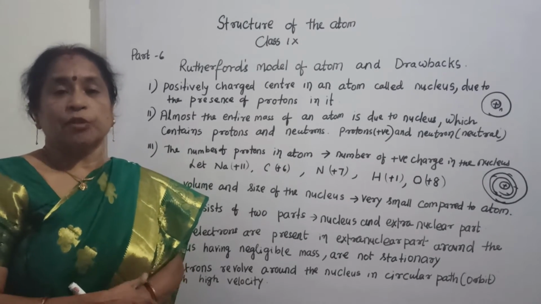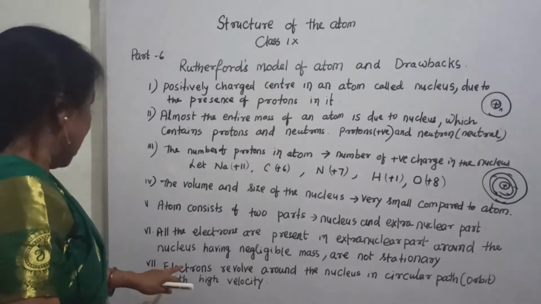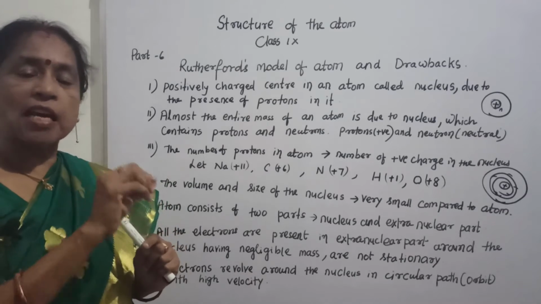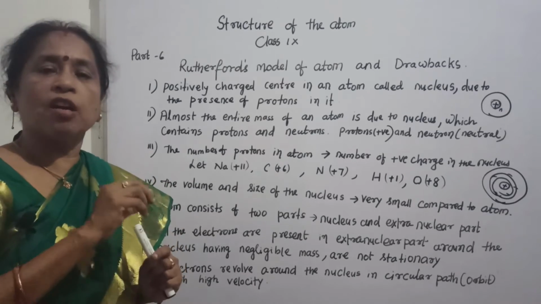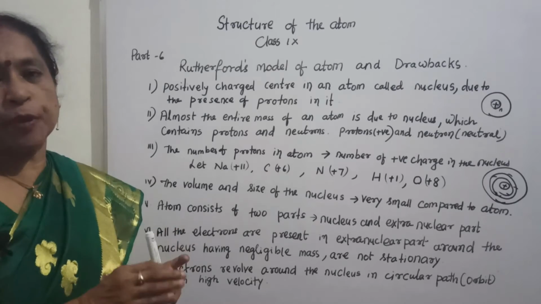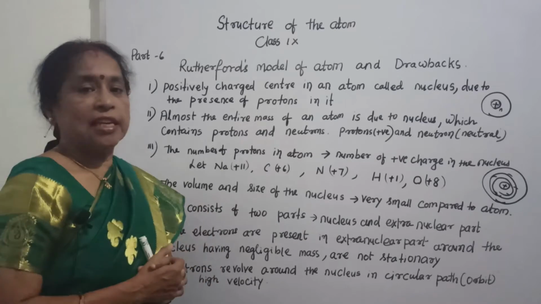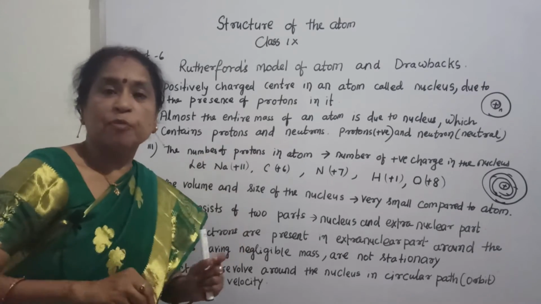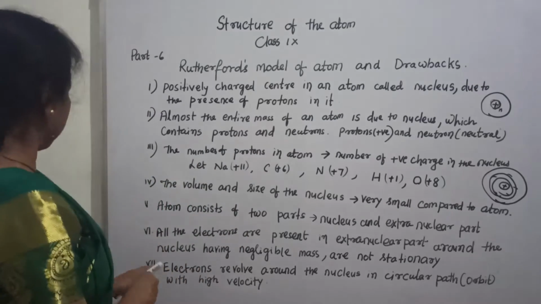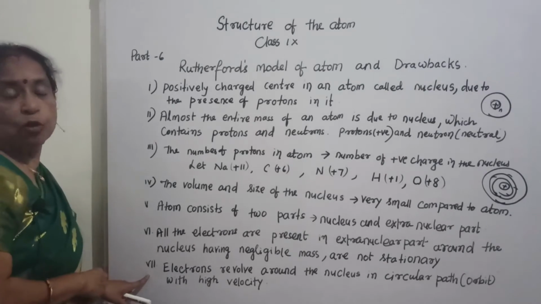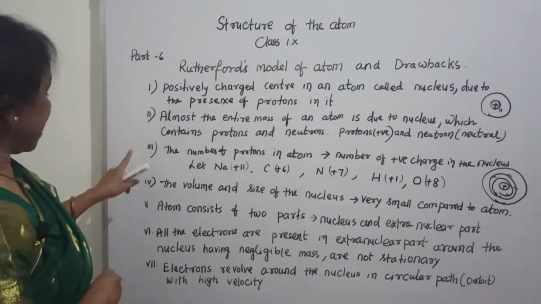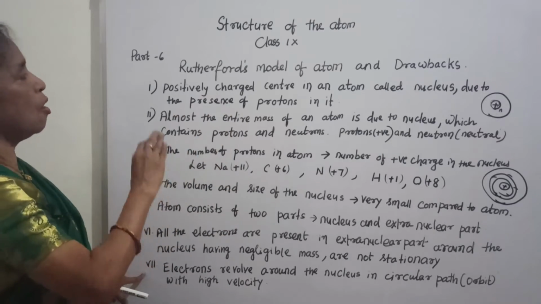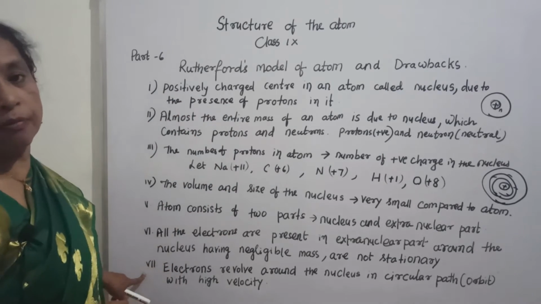So electrons revolve around the nucleus in a circular path called orbit with high speed. Next, how they can exist in the circular path, that is orbit, we will see in the next point, point 8. After that we will see other points and also the drawbacks of Rutherford's model of atom.